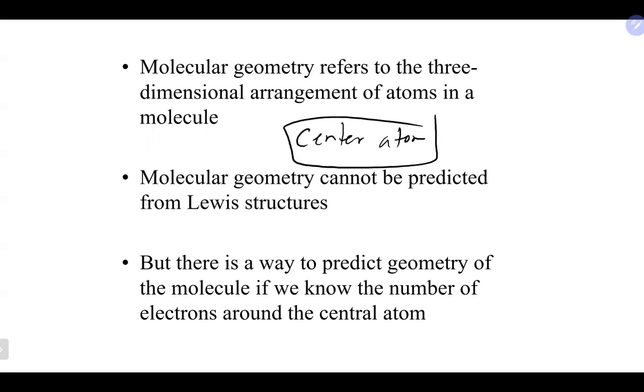We're going to talk about 2 types of names in terms of geometry. One is what is referred to as the electron pair geometry, which I'll just abbreviate as EG, and that describes the 3-dimensional arrangement of the electron pairs around the central atom.